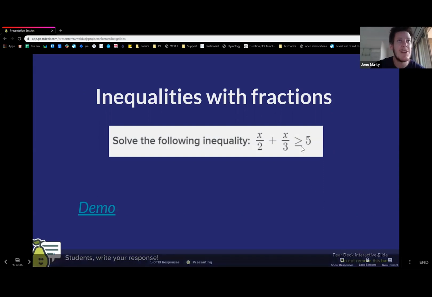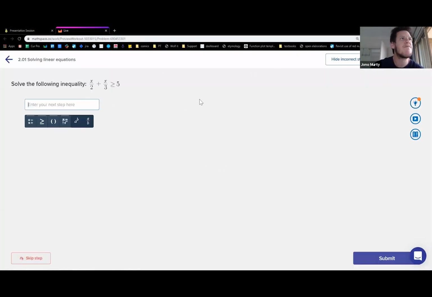Great. So it looks like most of you are pretty comfortable dealing with algebraic fractions. So we need to combine these two terms. 3 and 2.